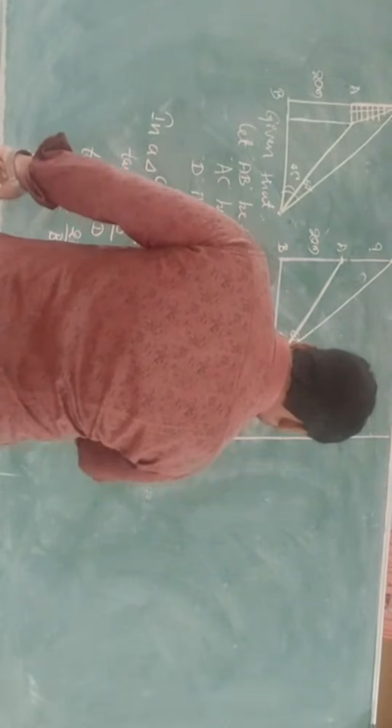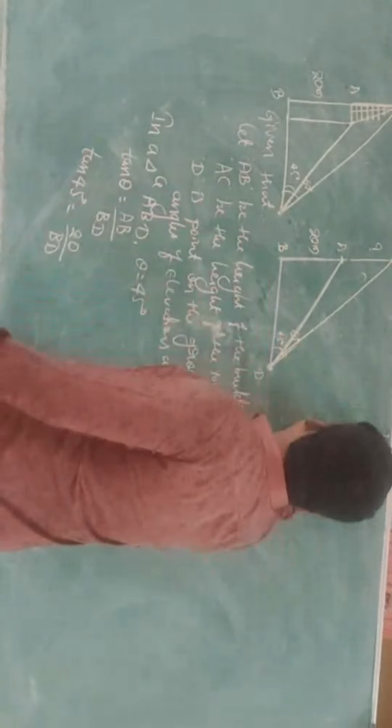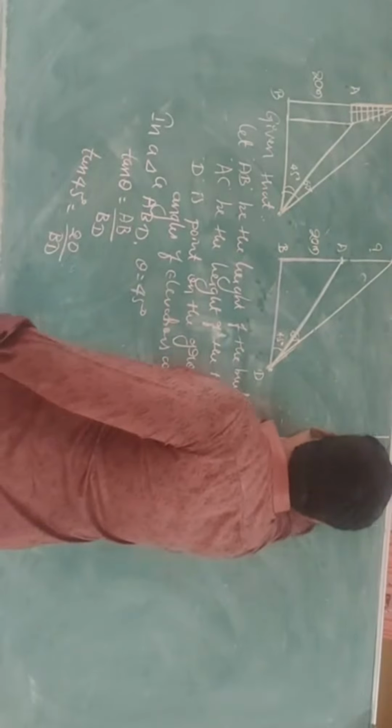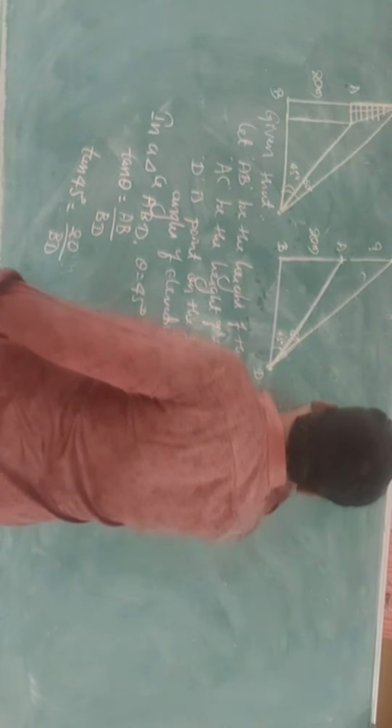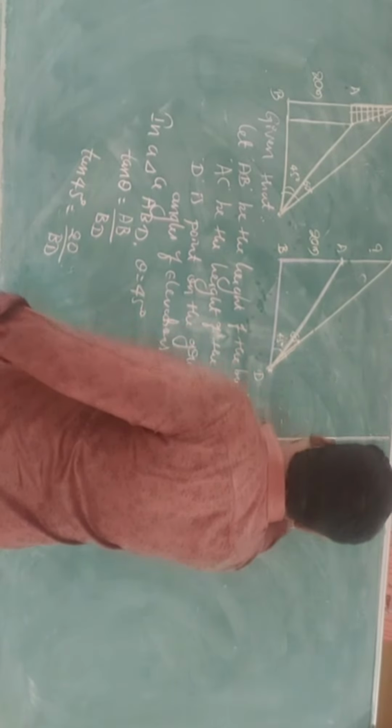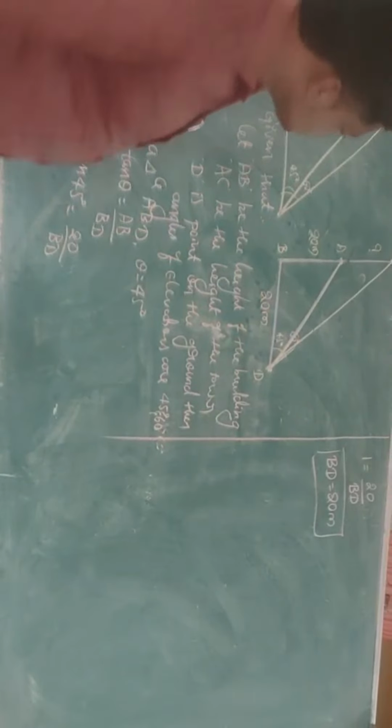Tan 45 degrees is 1, so 1 is equal to 20 upon BD. Cross multiplication, BD is equal to 20 meter. So the adjacent side we calculated now.